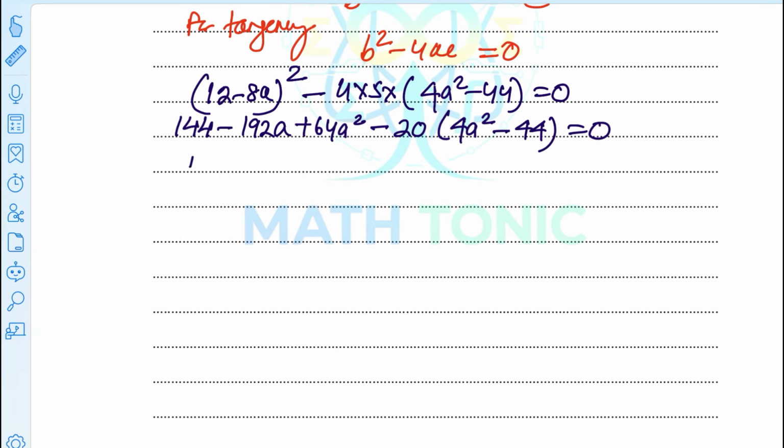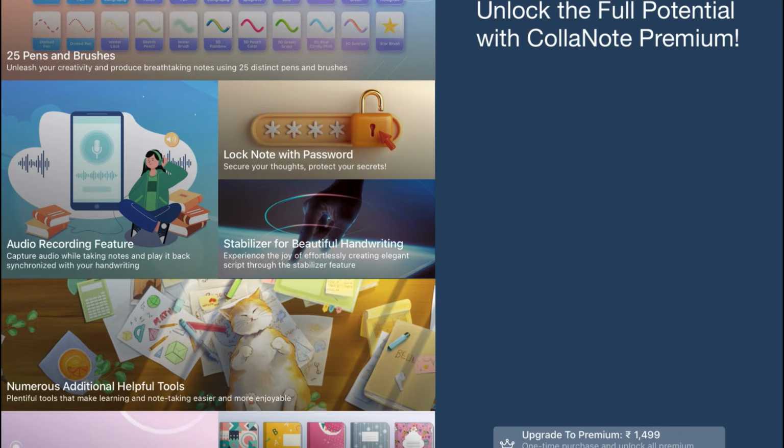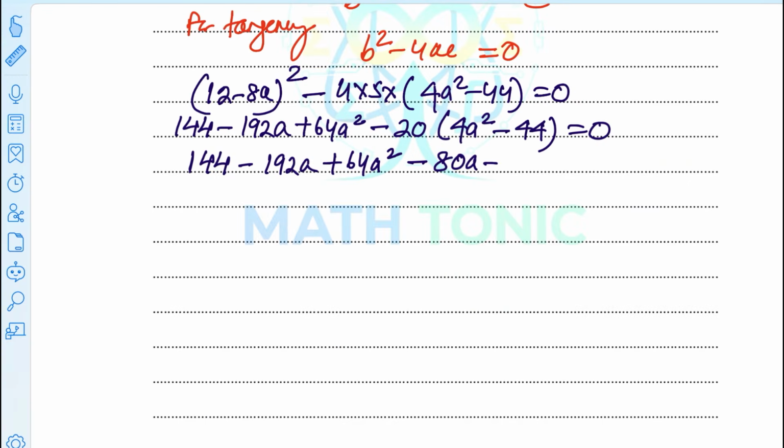So if I do this again, 144 minus 192a plus 64a squared minus 80a squared, and plus 880, that equals 0. So minus 16a squared, then minus 192a plus 1024 equals 0.